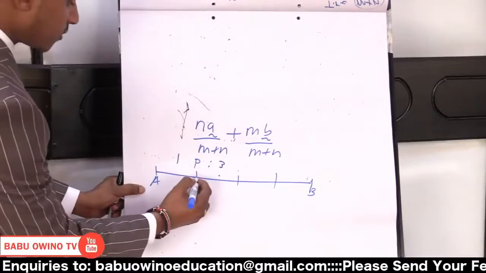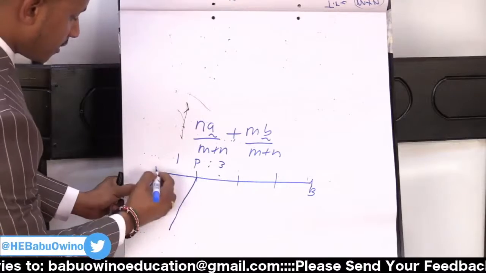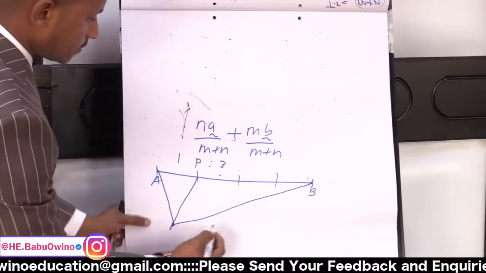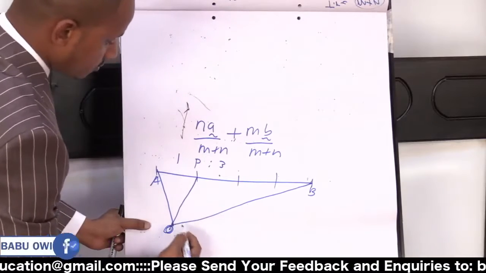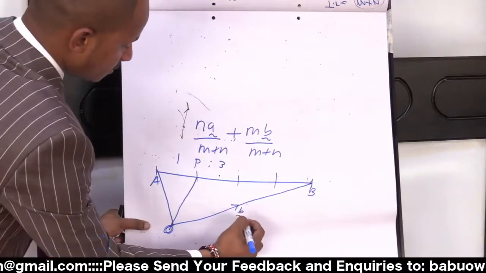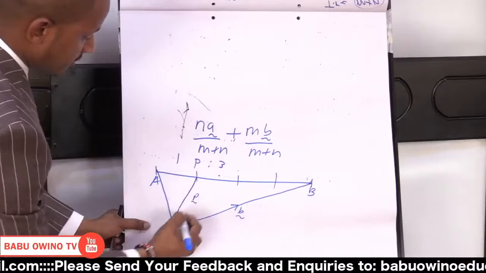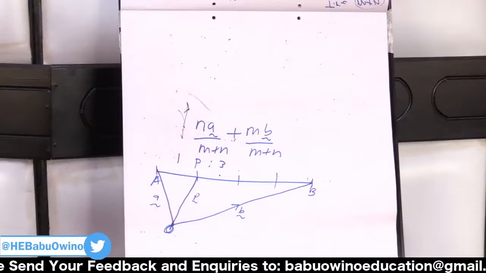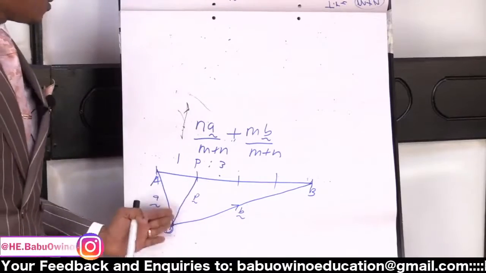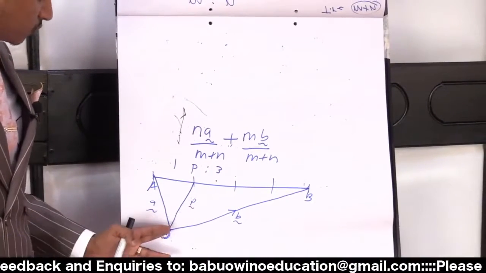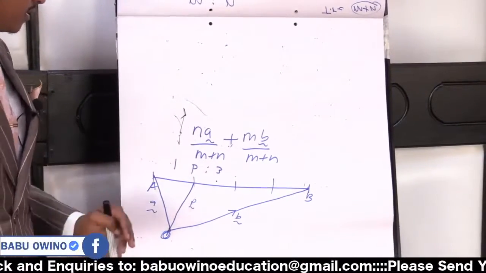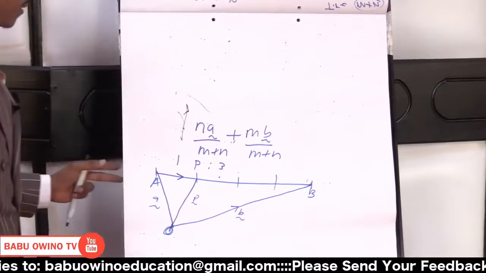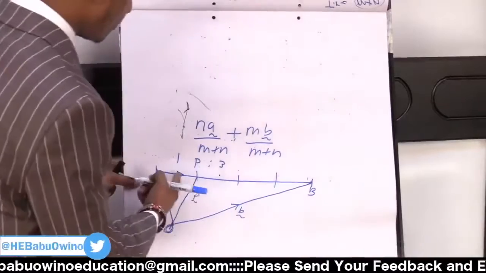If we were to get the position vector OP, where O is the origin, OB is B, OP is P, OA is A, instead of going OP equals OA plus AP, we simply use the ratio theorem.